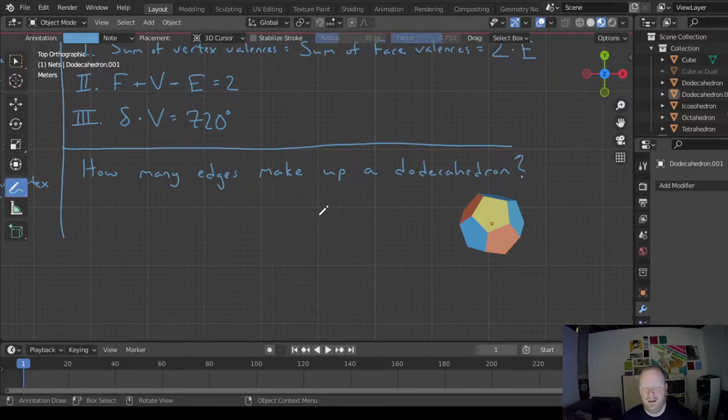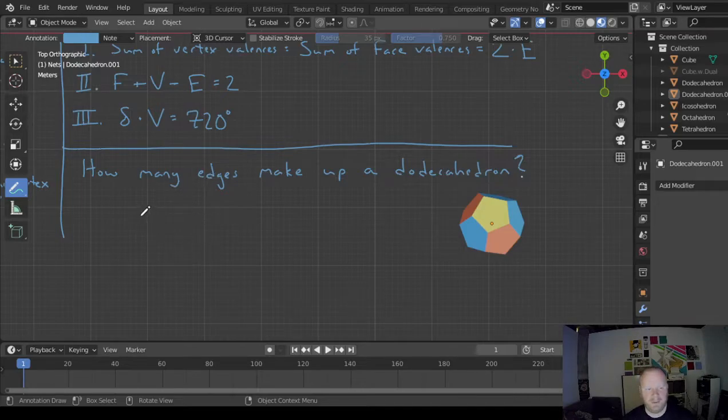Well, one thing we know is the spherical deviation. If we try to plug directly into this formula here, we don't know the number of faces, the number of vertices, or the number of edges yet.